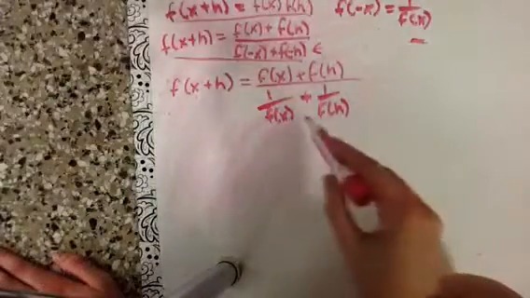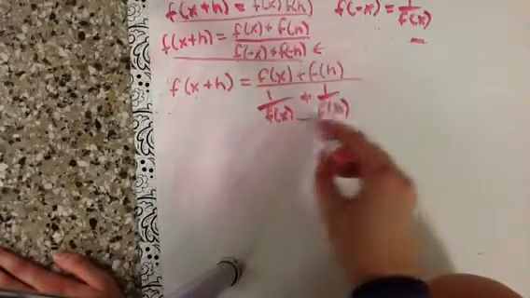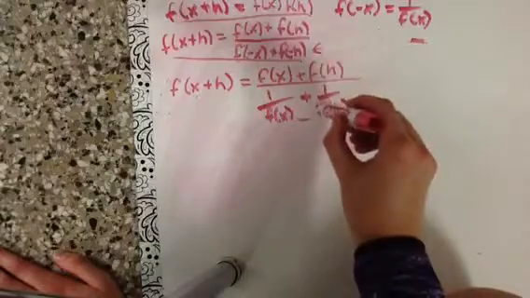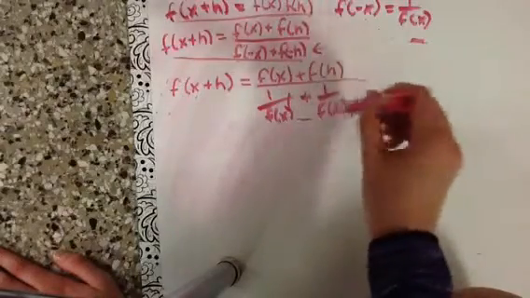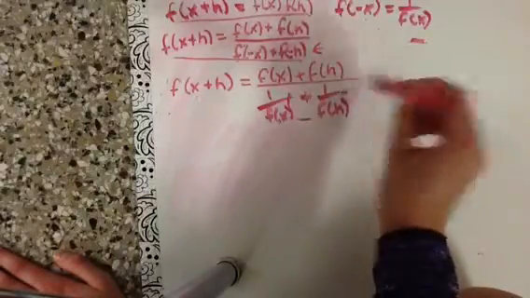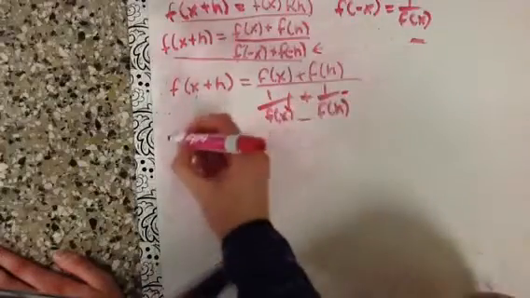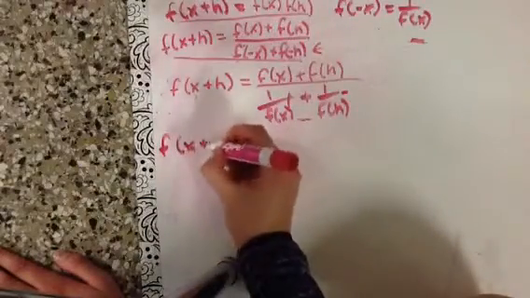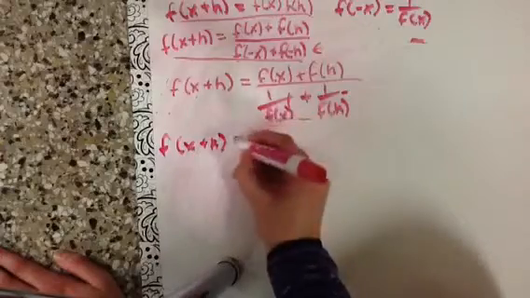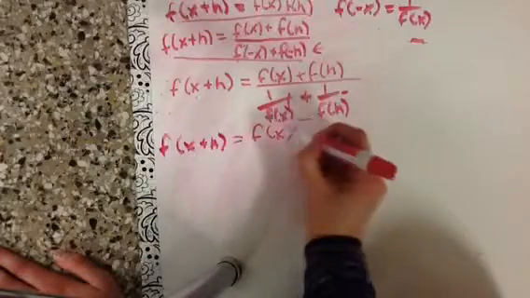Okay, for this we can find a common denominator: we have to multiply this by f of h, and we have to multiply this by f of x, meaning that this will take place.